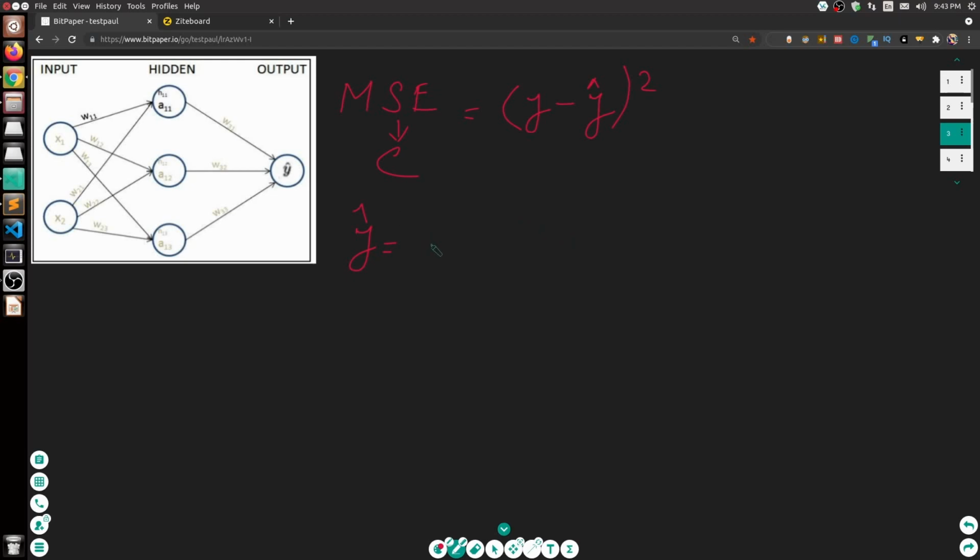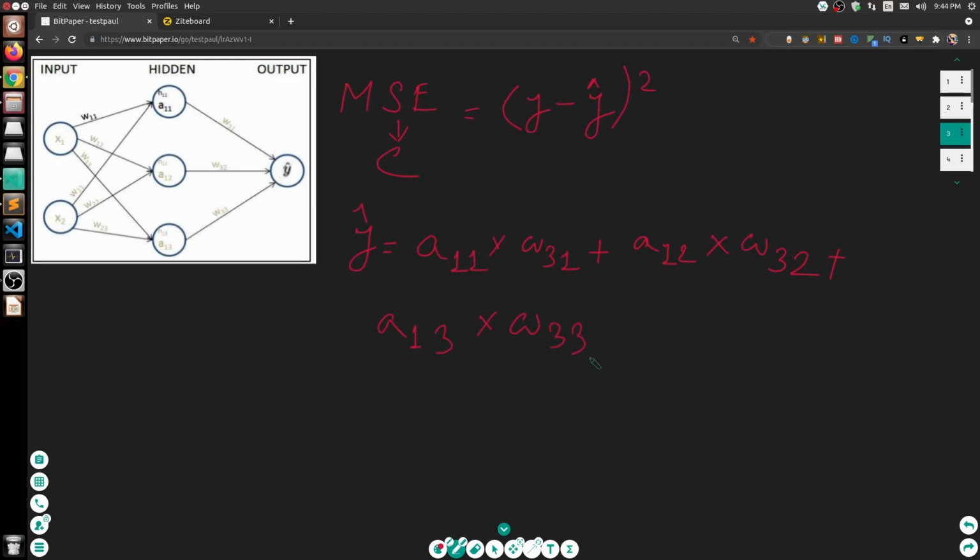So that would be A11 into W31, that is A11 here and W31 here, plus A12 into W32, plus A13 into W33.